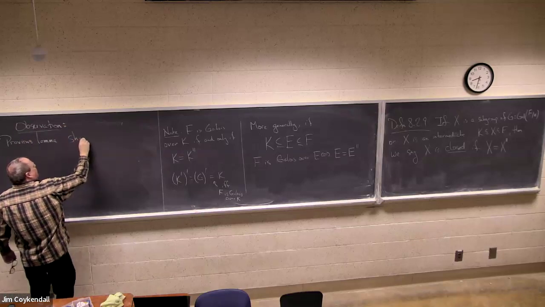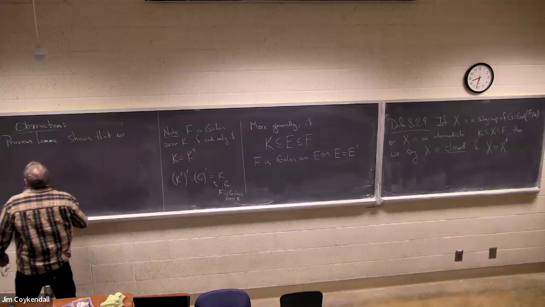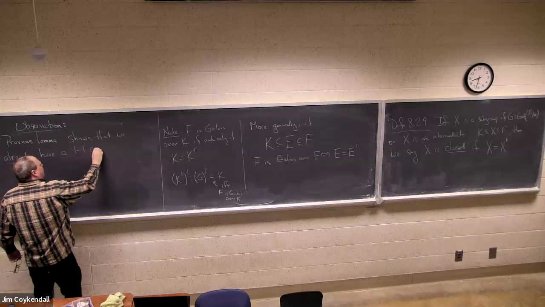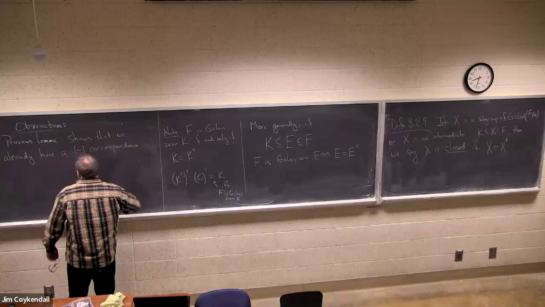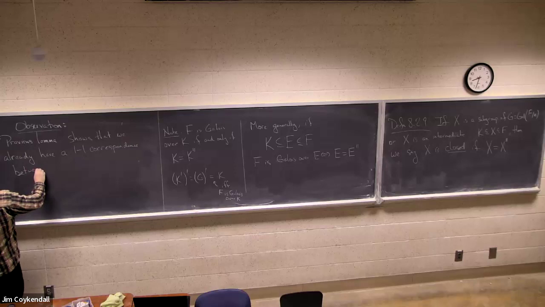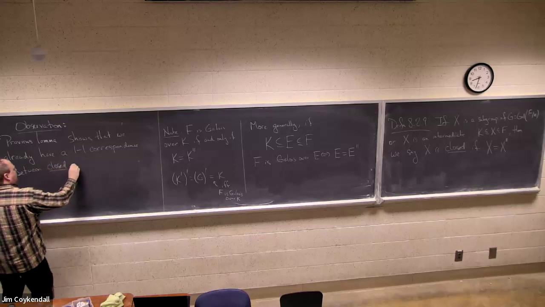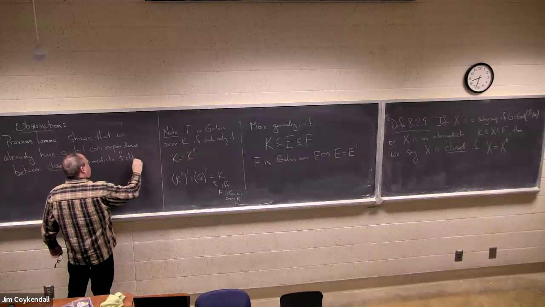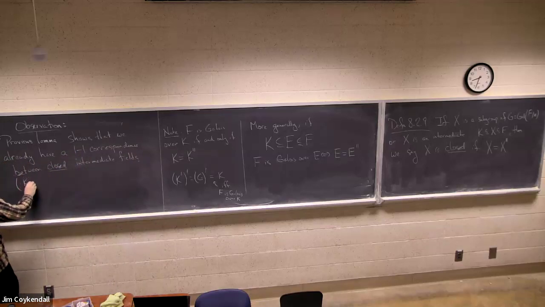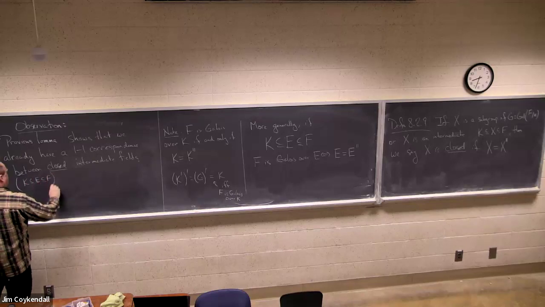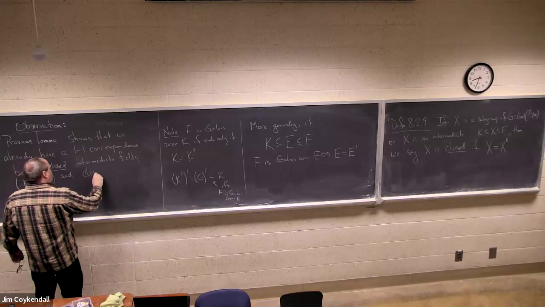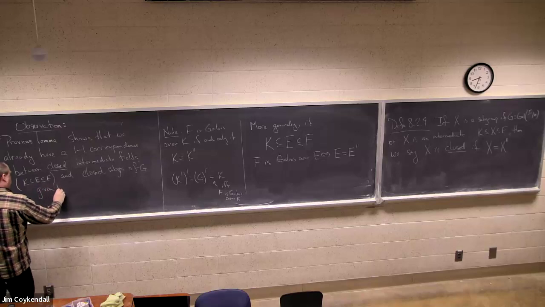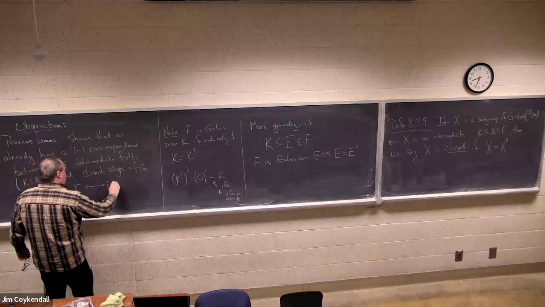The previous one shows that we already have a one-to-one correspondence between closed intermediate fields and closed subgroups of the Galois group, given by E goes to E prime.